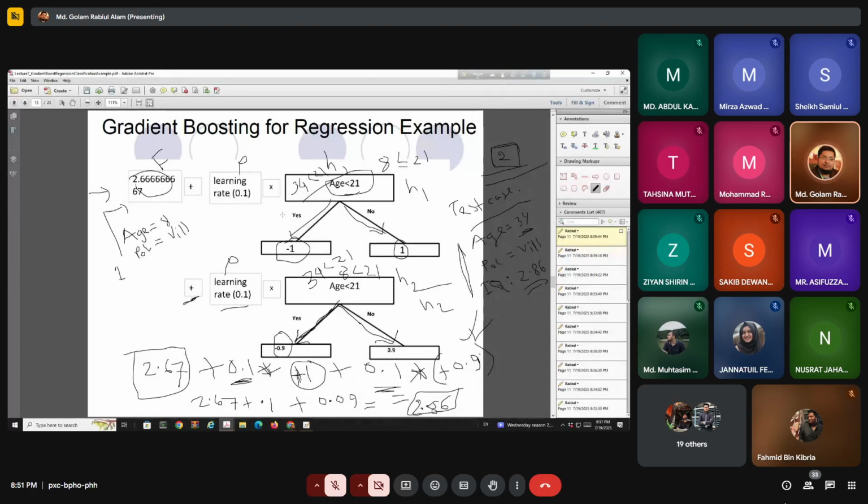So this is how we can utilize gradient boosting for regression. Do you have any question now?